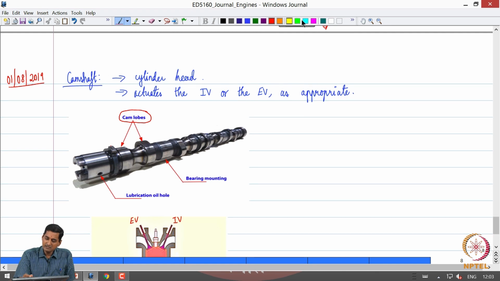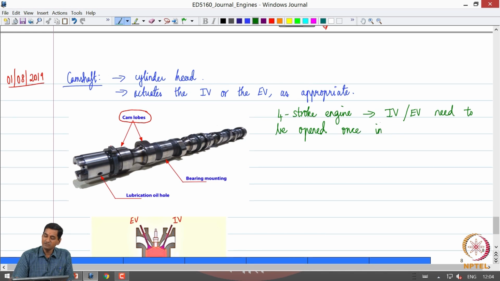In a typical 4-stroke engine, the inlet valve and the exhaust valve need to be open once in every 2 revolutions of the crankshaft, okay, because as we learned, in a 4-stroke engine, one operating cycle of the engine is completed in 2 revolutions of the crankshaft.